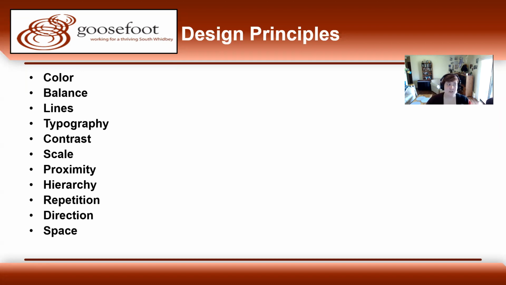Proximity is really important. The closer things are grouped together, the more they are immediately related in our brains. The more spread out things are, the more our brains contrast them. So if you are talking about a subject, make sure you're grouping all relevant pieces of that subject together. For example, if we were talking about this workshop, I would group the date, the time, and where to sign up all together in one place.